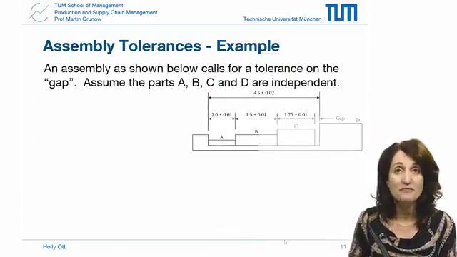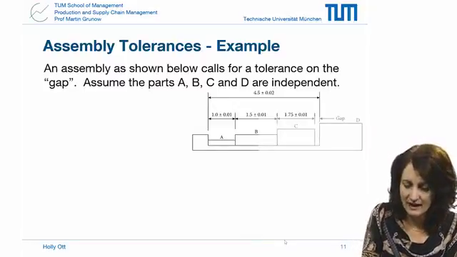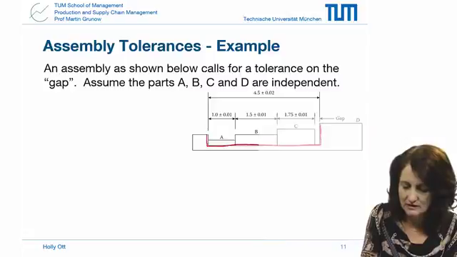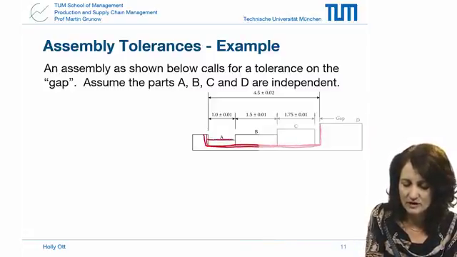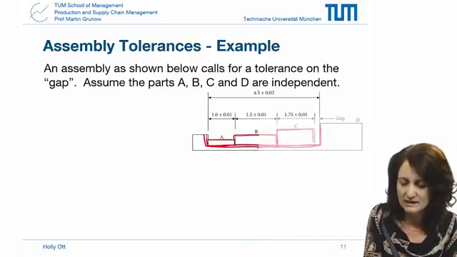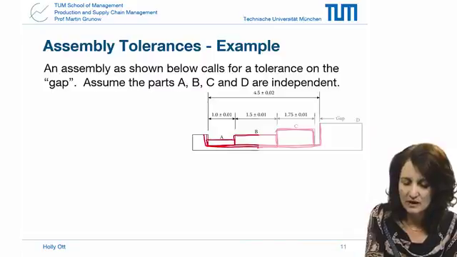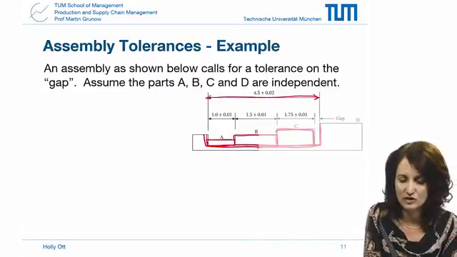Here we have an assembly where we have a part D, which is kind of an indentation, shall we say? And in it, we're putting three parts, part A, part B, and part C. We know how long the indentation is: 4.5 plus or minus 0.02.